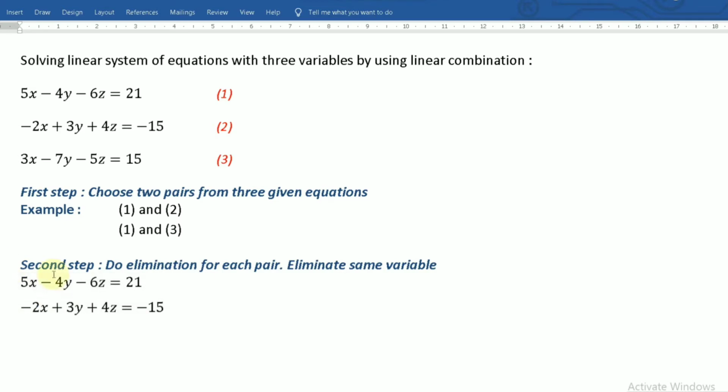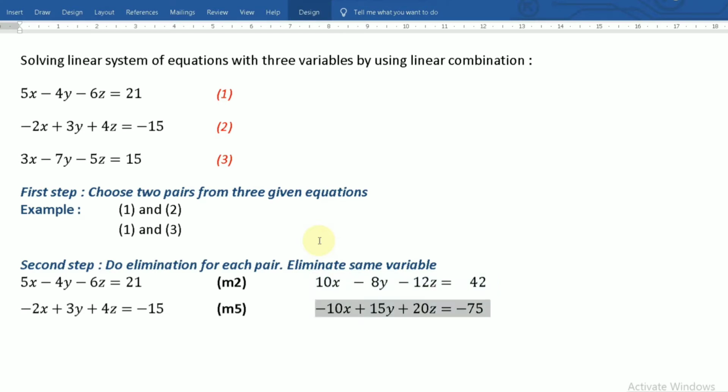Okay, since I want to eliminate X, I have to make the coefficients of X the same. So I will multiply the first one by 2, and I will multiply the second one by 5. And this is the result of the multiplication of each equation. Since I now have equal values of x, but this one is positive and this one is negative, I will do addition.